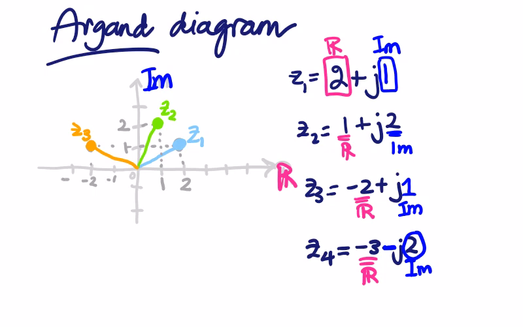So negative 3 for x, or horizontal axis, or real part of our complex number, and negative 2, so now we go down in the vertical axis. That's our complex number Z4. And let's draw the line connecting it to the origin. Probably the only thing really important here was to visualize that the negative in front of j makes our imaginary number negative 2.